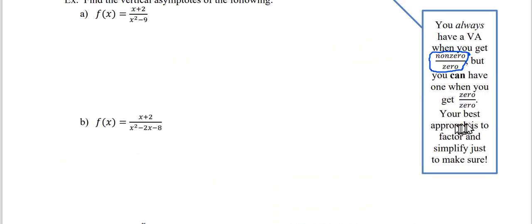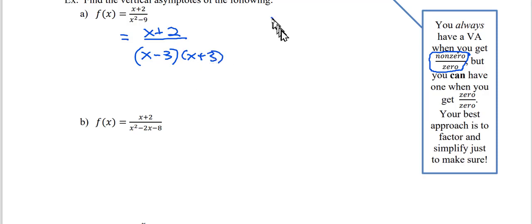Your best approach is to factor and simplify the function to see if you can simplify it away. Because if you can simplify it away, it's not going to be an asymptote in the denominator. Let's take a look at what I mean here. The denominator here factors into x minus 3 times x plus 3.